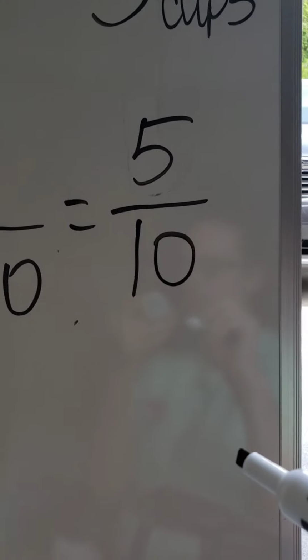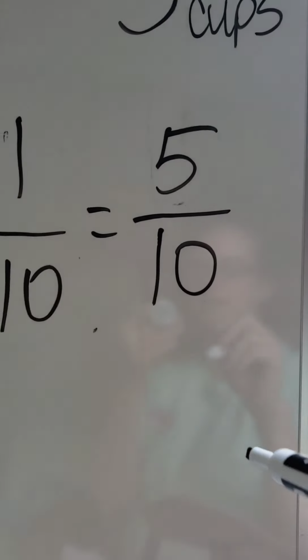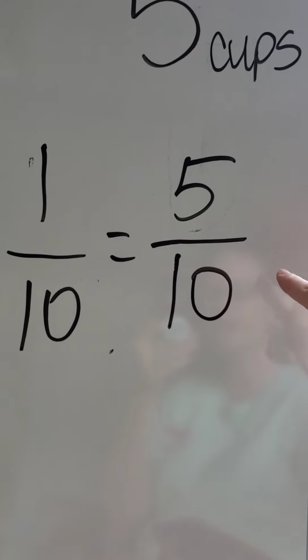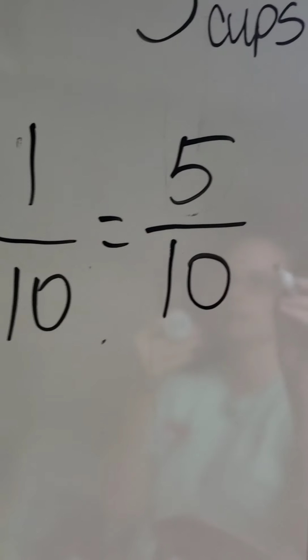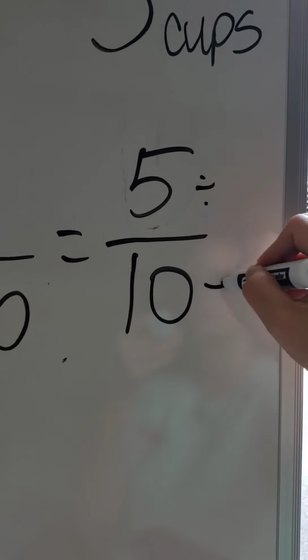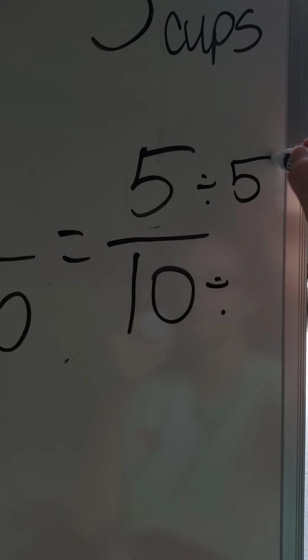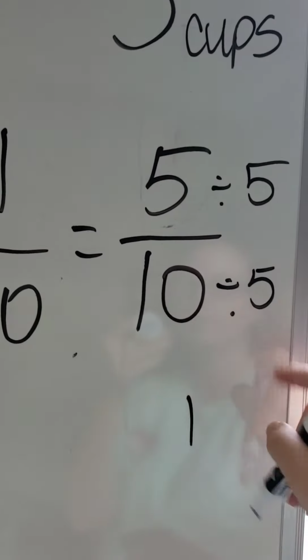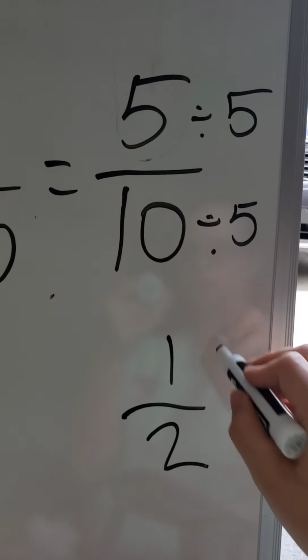And that can be reduced or simplified. What can go into 5 equally that can also go into 10 equally? 5. So 5 divided by 5 is 1, 10 divided by 5 is 2.